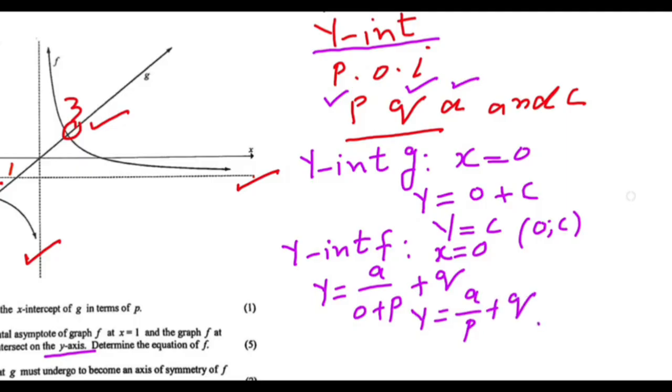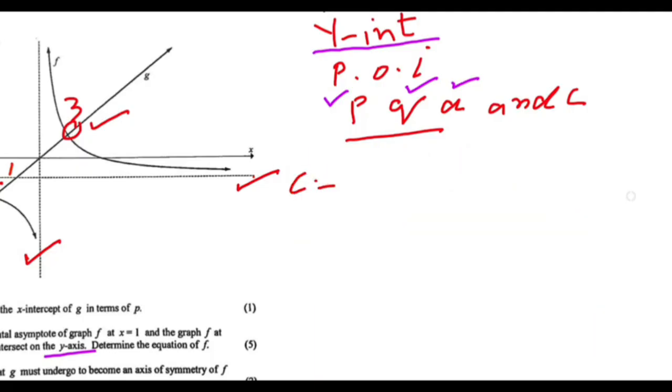So the x value is 0 and the y value is a over p plus q. This is the y-intercept of f. Now y is equal to c, and y is equal to a over p plus q. They are both equal to the same thing, same y-intercept, so I can say c is equal to a over p plus q. This becomes my number 1.